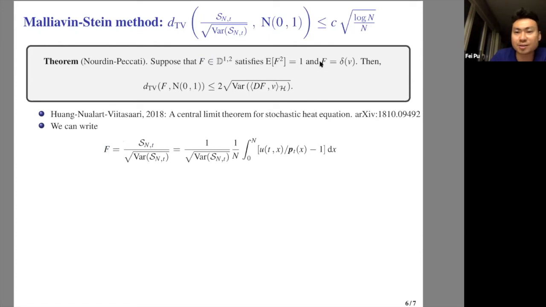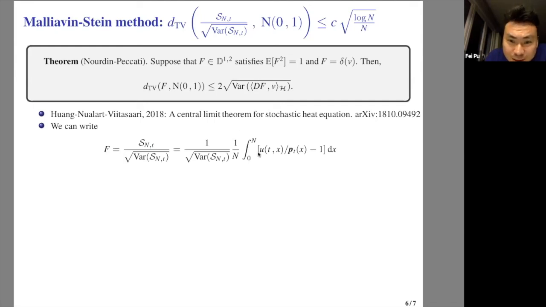Now let me show you that F can be written as delta of v. F is in fact equal to a stochastic integral. First, we use the definition of S_{n,t} to write it as this constant times 1 over n times this big integral.